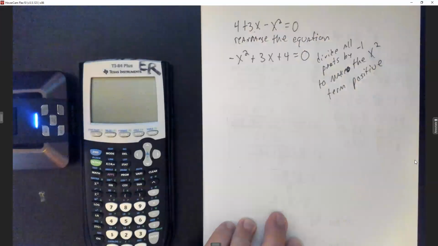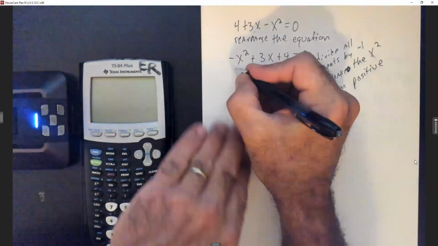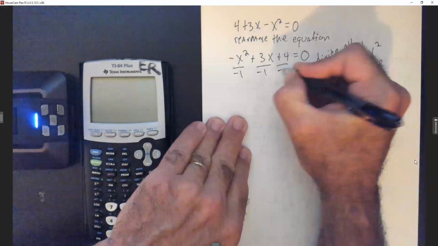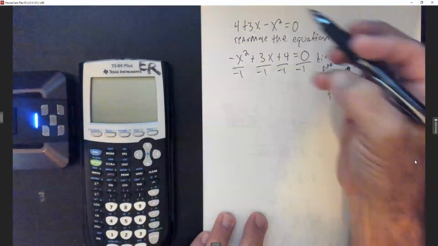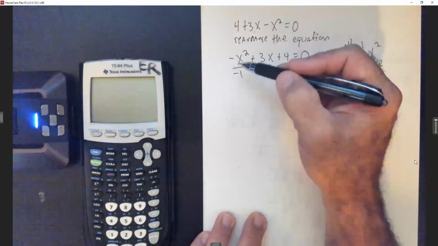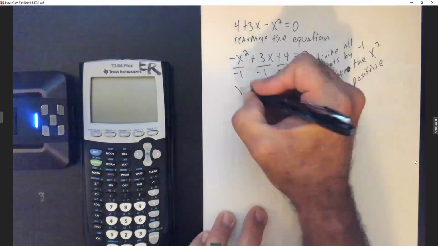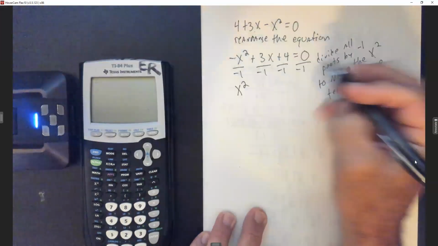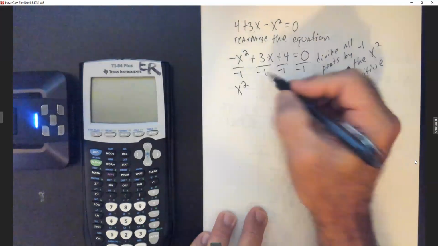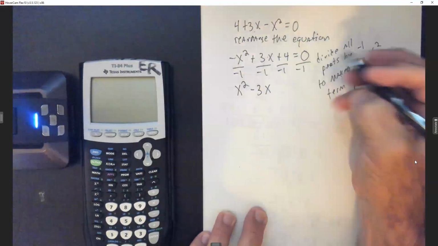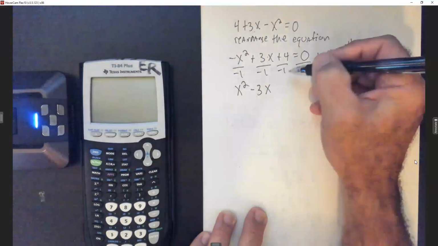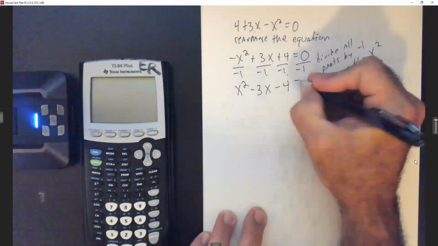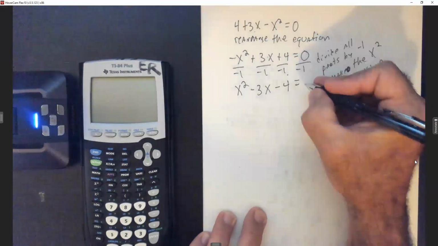I'm going to divide everybody by -1, even that 0, because what you do to one side, you do to another. But all we're doing is changing the signs. Negative divided by negative makes that a positive x squared. Positive divided by negative makes that a negative 3x. Positive divided by negative makes that a -4. And then 0 divided by anything is just going to be a 0.